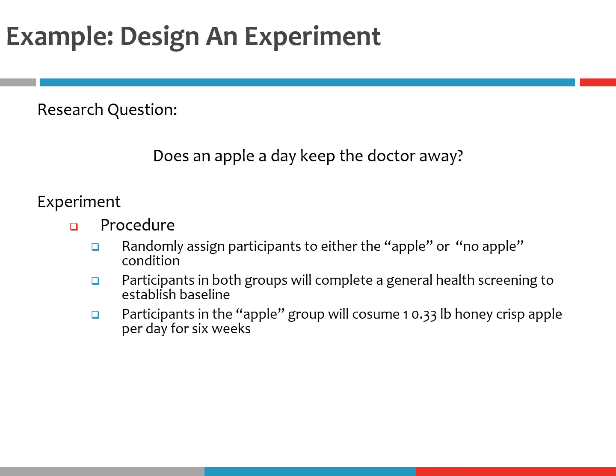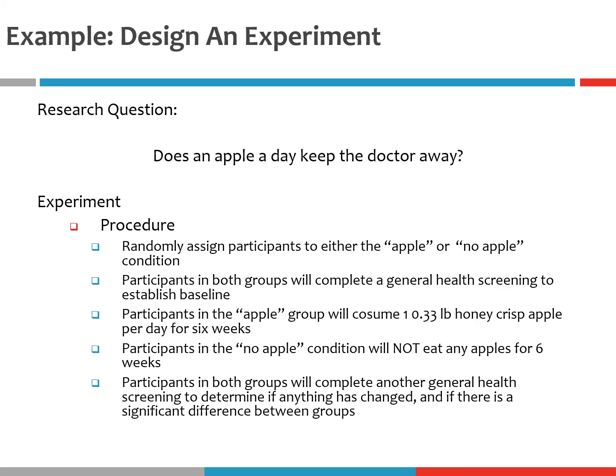Okay, participants in the apple group consume 0.33 pound Honeycrisp apples per day for 6 weeks. Participants in the no apple condition will not eat any apples for 6 weeks. So that's for the literal definition. If we were doing the abstract definition, it would be 5 to 7 fruits and vegetables per day or not.